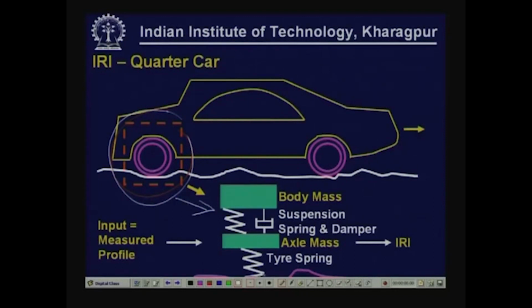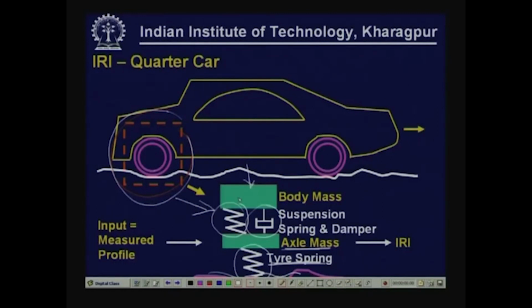If this is the road profile, this represents the stiffness of the tire. This is the tire spring, tire being represented by a spring here. Then this is the mass of the axle. Then the suspension system is represented by a spring and a dashpot, and over which the mass of the body of the vehicle is going to come onto this particular vehicle.